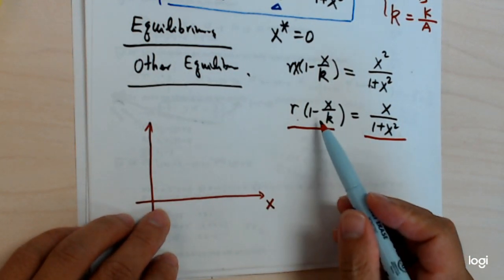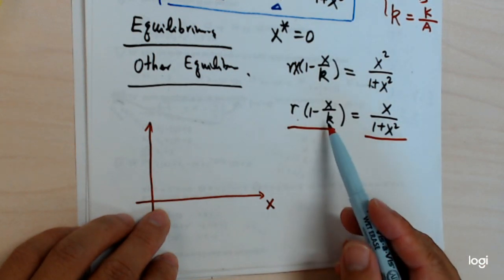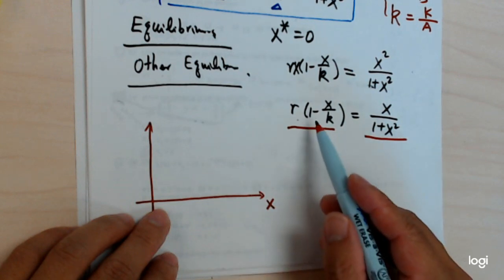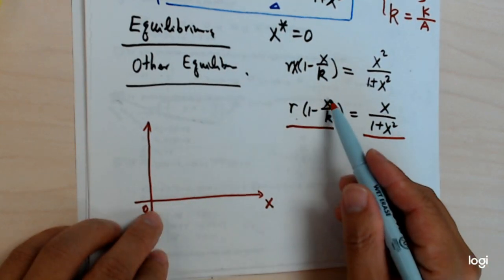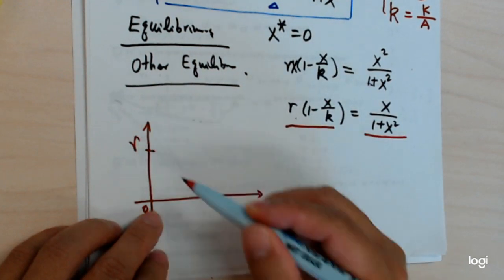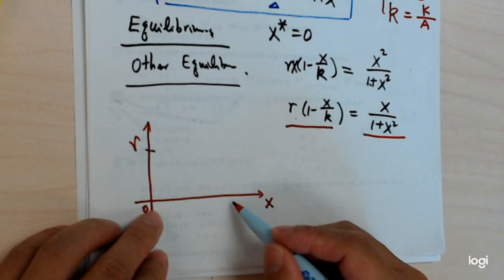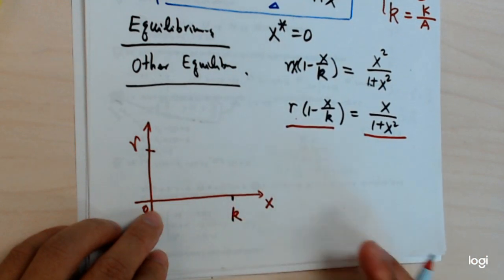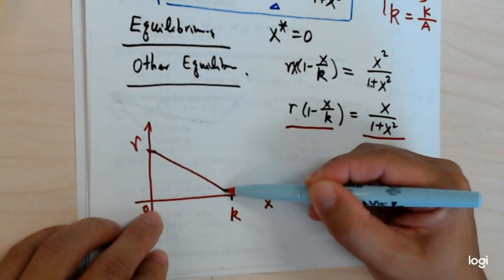We're trying to plot the graph of those two curves. For this straight line here, when x is 0, the y value will be r. And when x is k, the y value will be 0. So this straight line, it is actually this straight line here.